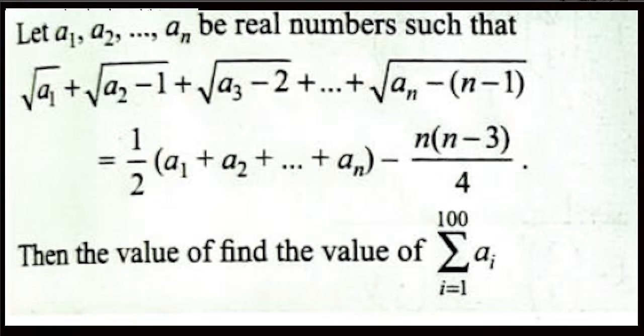Now the question is, we are given this series which is under root of a1 plus under root of a2 minus 1 plus under root of a3 minus 2 up to under root of an minus n minus 1, and this is 1 by 2 a1 plus a2 up to an minus n minus 3 by 4.